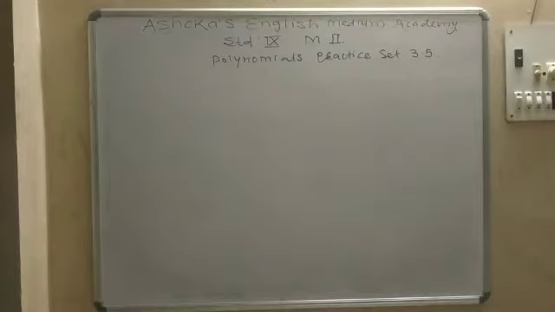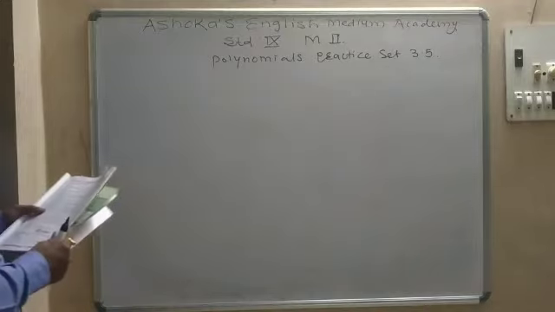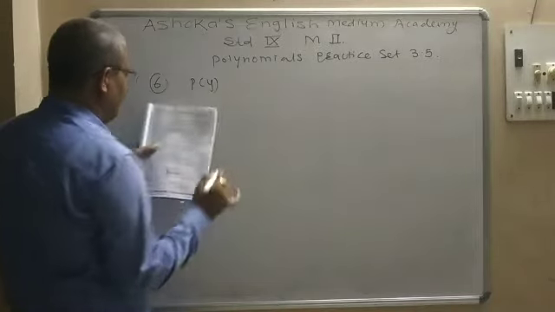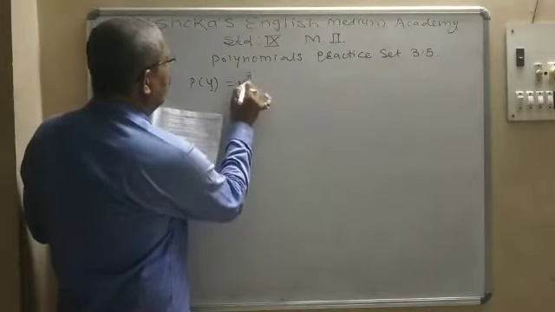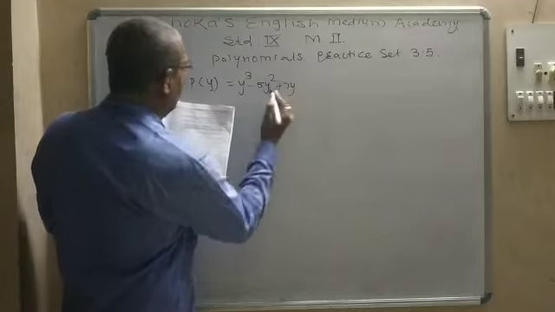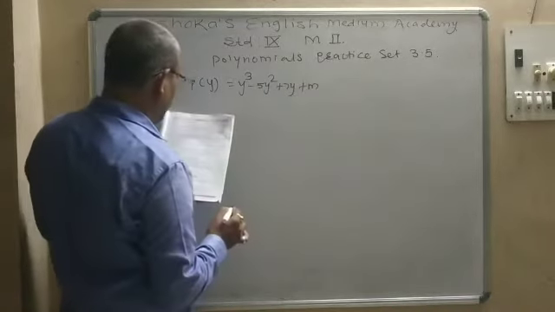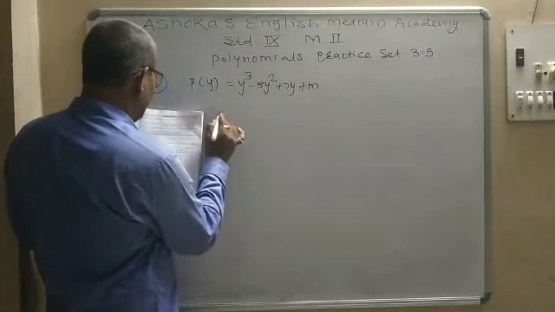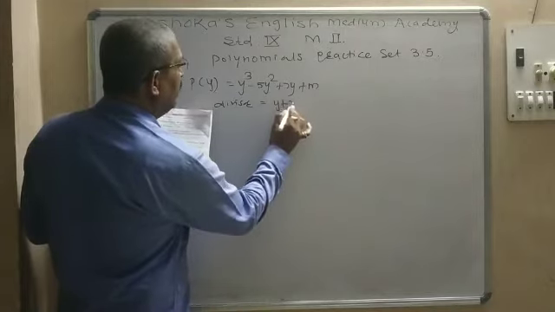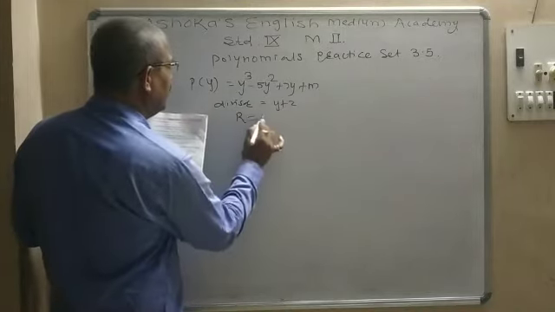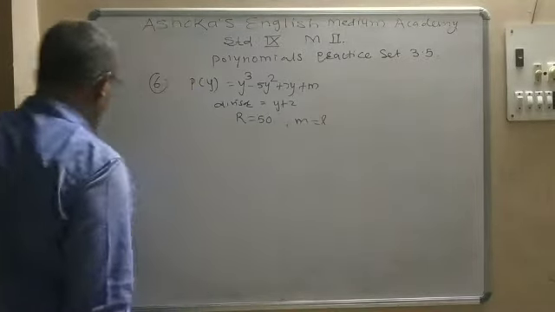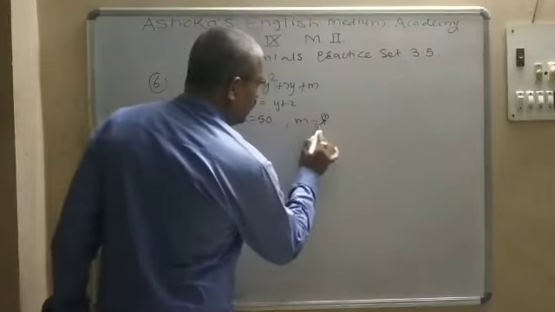In question number 6, polynomial Py is equal to y raised to 3 minus 5y square plus 7y plus m, and the divisor given to us is y plus 2, and the remainder is given as 50. You have to find m is equal to question mark.